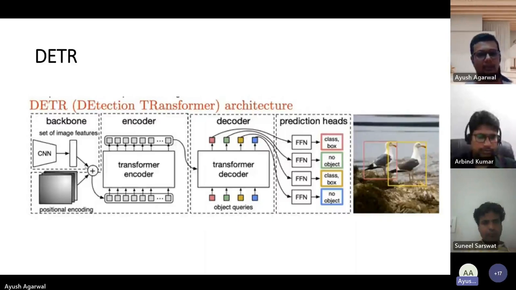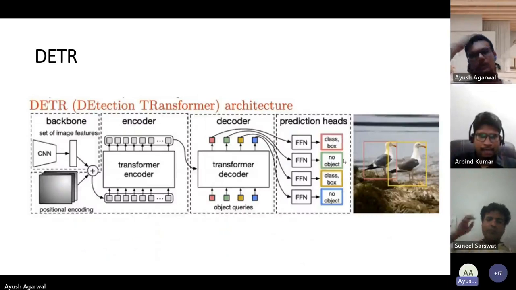These are combined in some manner and passed to a transformer encoder network. And then there are object queries. The encoder output and the object queries are passed to the decoder. Then the decoder generates its output, and those outputs are passed to feed forward neural networks to give all these predictions for class, box, if there is any object present, things like that.